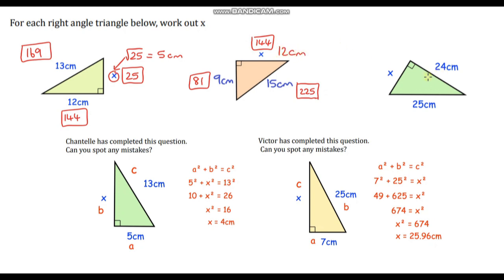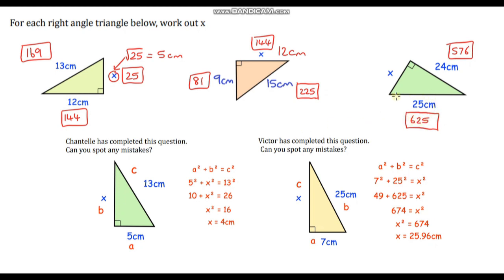Okay, and the last one, I think I might need a calculator for this. So again, let's square both of our side lengths. So 24 squared, I will need a calculator for that. 24 squared is 576. And 25 squared is 625.